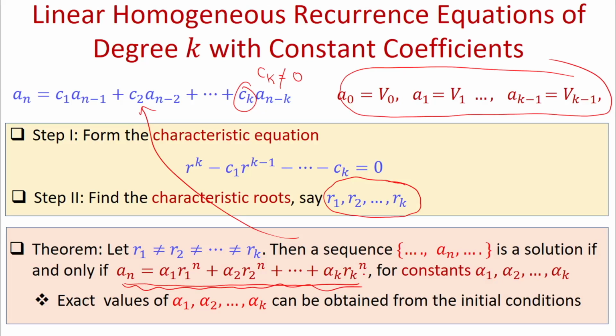Now, if you want to find out the unique sequence satisfying the initial conditions as well, then you have to find out the exact values of these constants alpha 1, alpha 2, and alpha k, which can be obtained by utilizing the initial conditions if they are given to you.